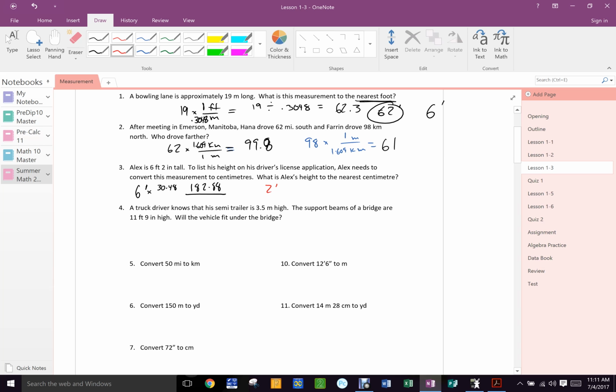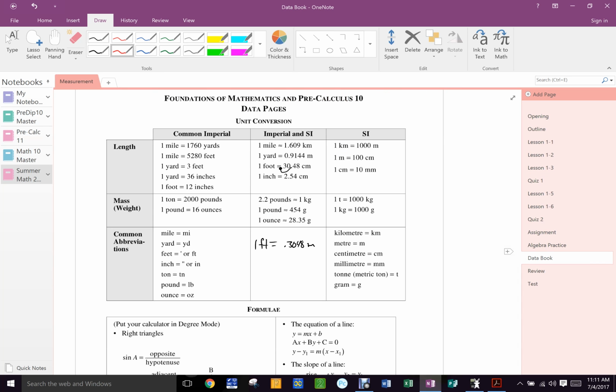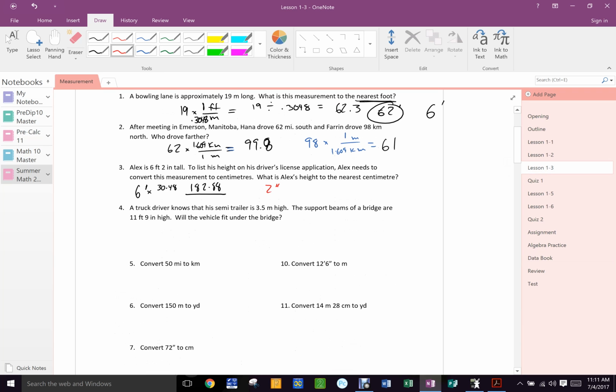Then I got 2 inches, and I go to my sheet, and I see 1 inch is 2.54 centimeters. So 2, and I got my 1, I want centimeters, so it's 2.54, because I don't need the 1. I get 5.08. Now what do I got to do with those two numbers?